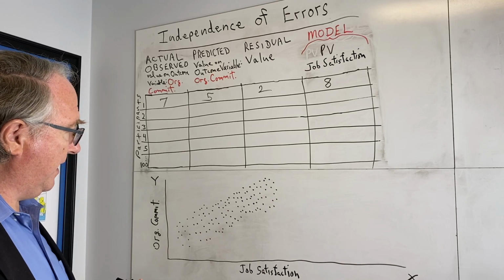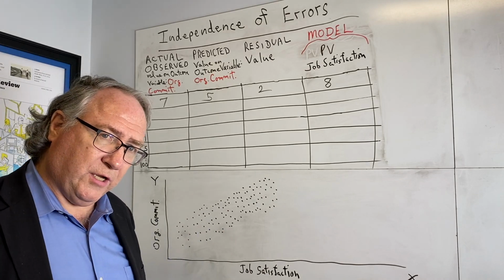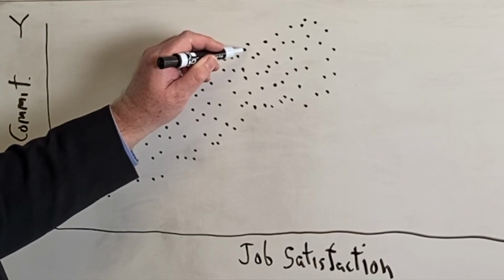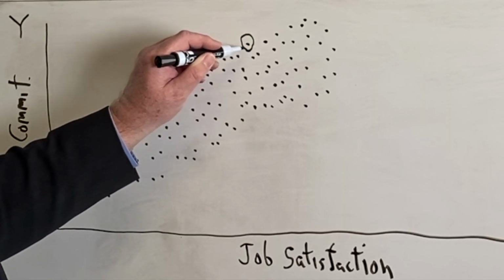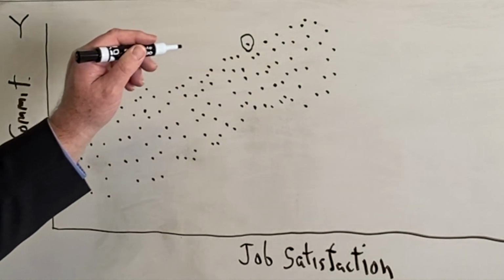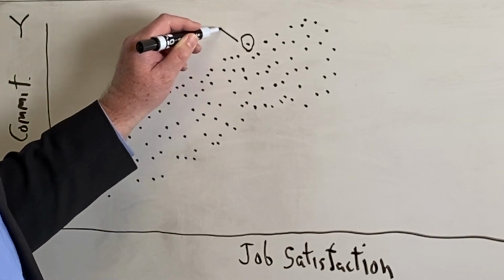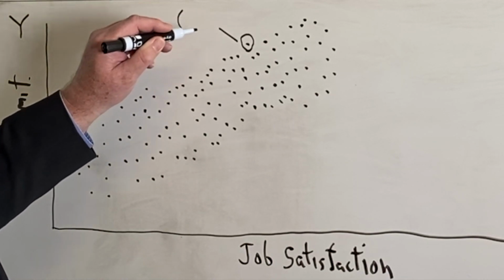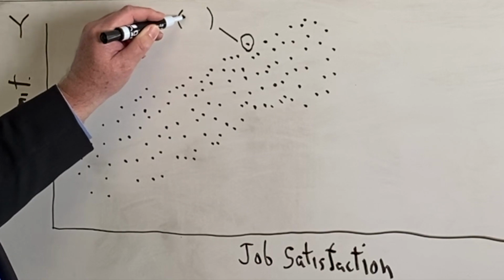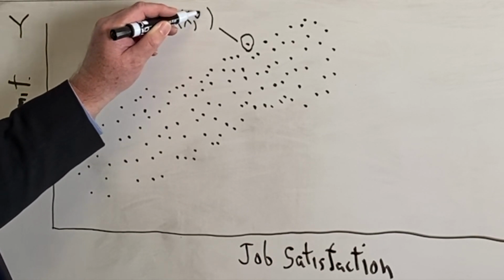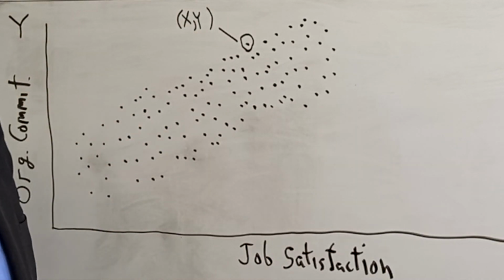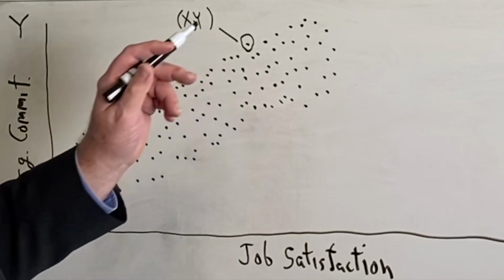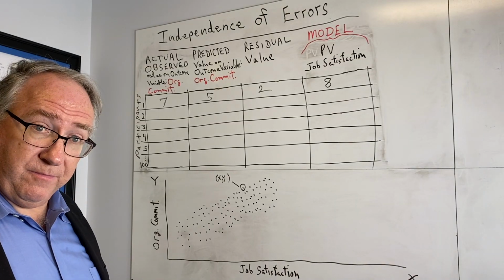Now let's take a closer look at one of these observed scores on the outcome variable. I'll blow it up a bit. That dot is a combination of the X and Y scores for a particular participant in our sample.